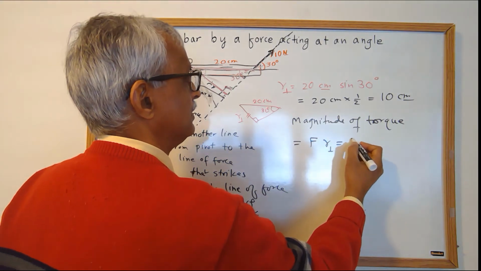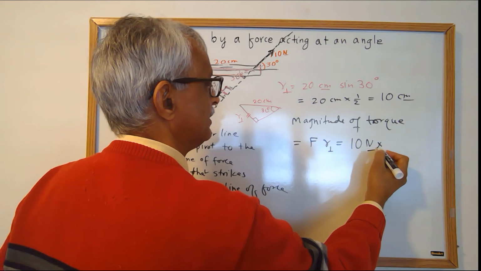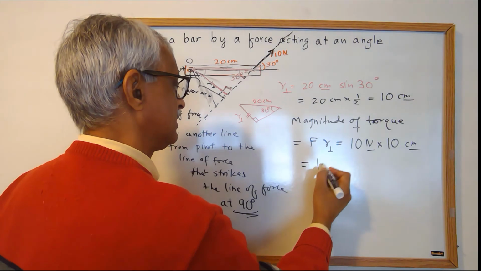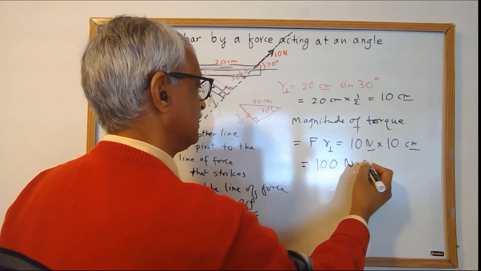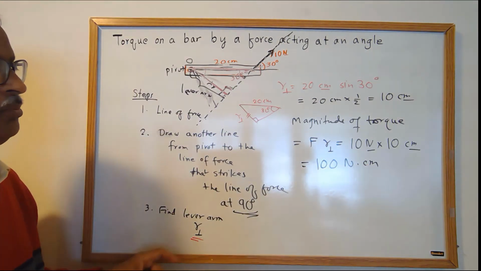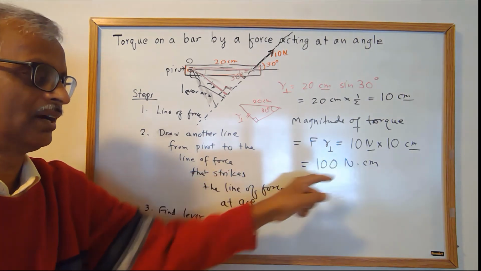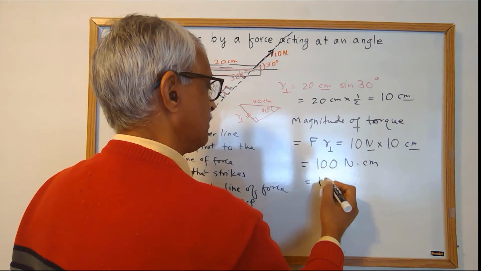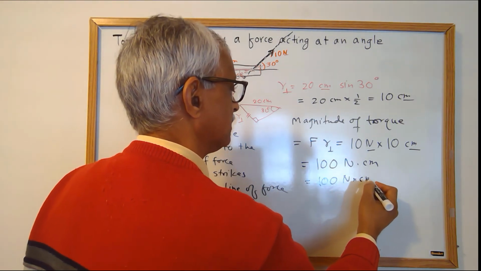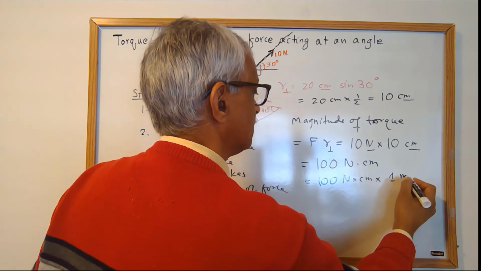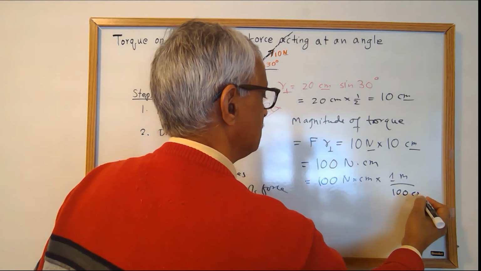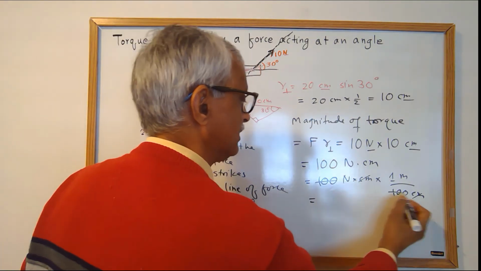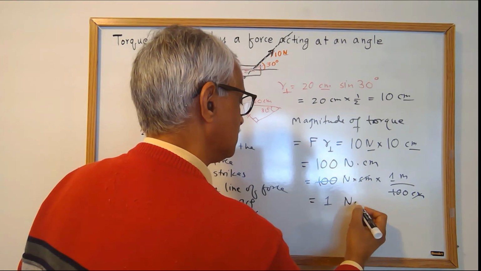So 10 Newtons times 10 centimeters, and I get 100 Newton centimeters. You may want to convert this mixture of units to meters. So 100 Newton centimeters times 1 meter over 100 centimeters. The centimeters cancel out, leaving Newton meters, and the 100s cancel. So this is actually 1 Newton meter.